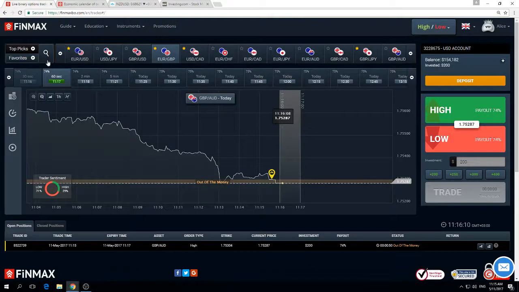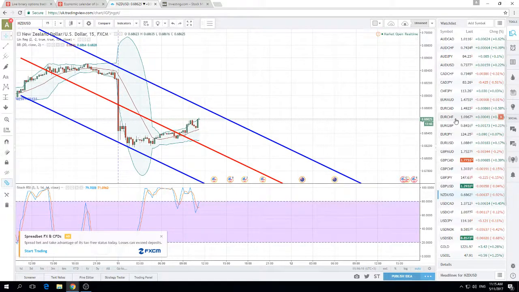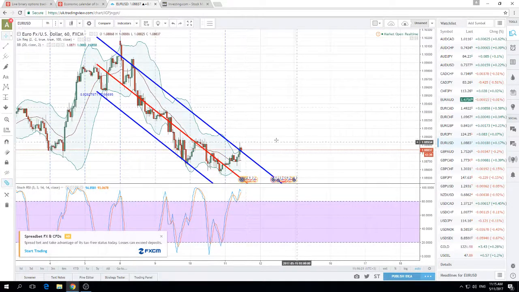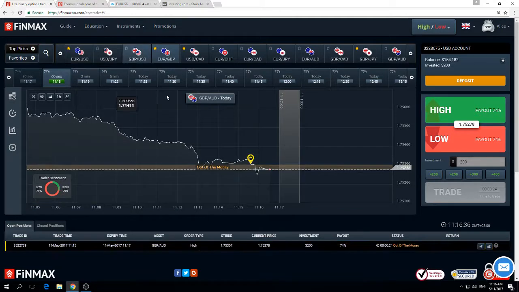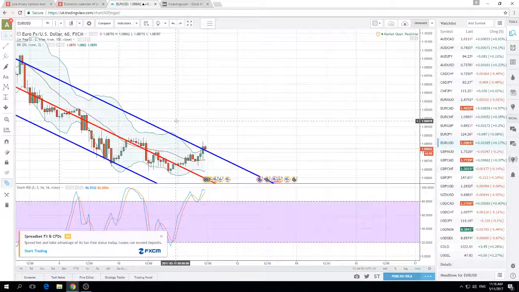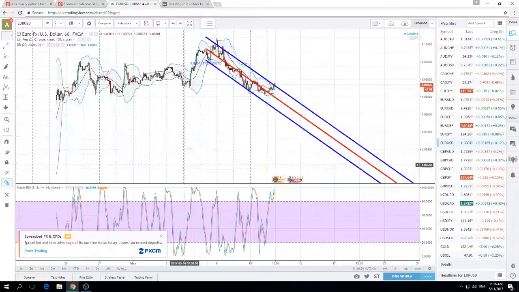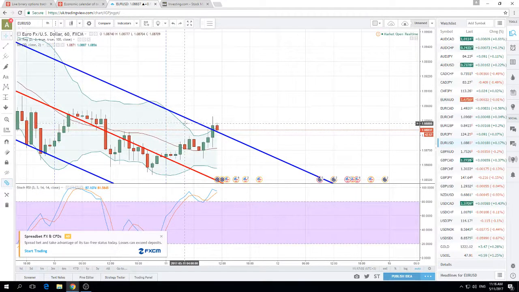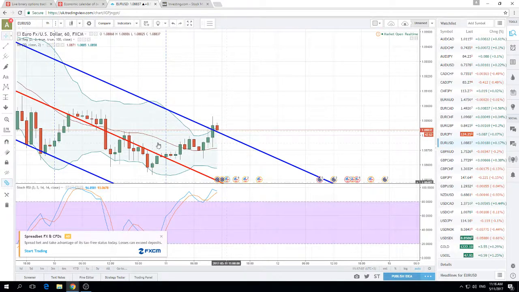Euro USD for 1 hour. Let's check. About the Euro USD, here is a pretty interesting downtrend, and as we see, the market reached its upper limits and currently it reversed back.